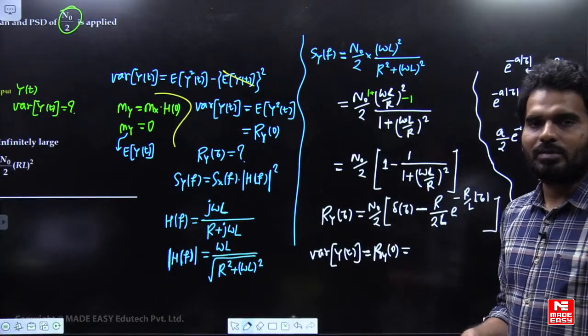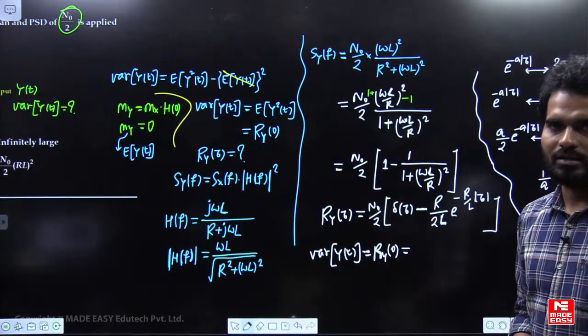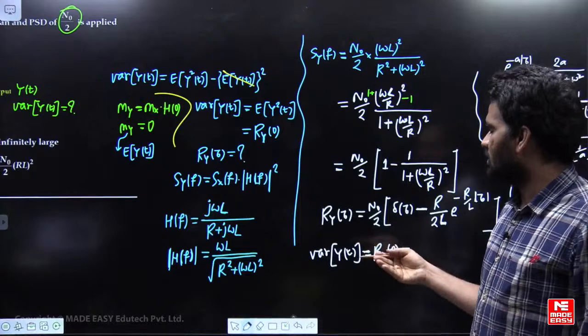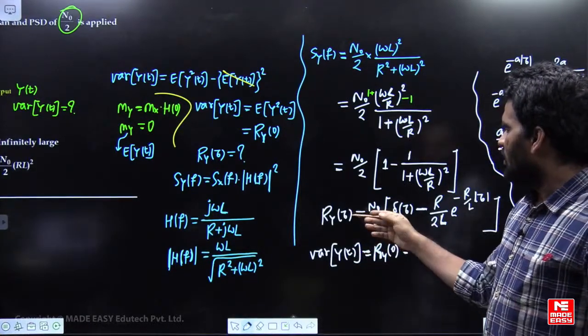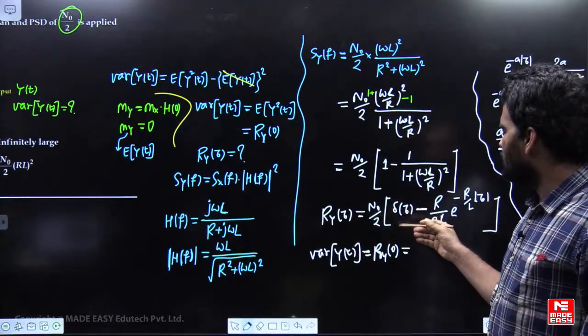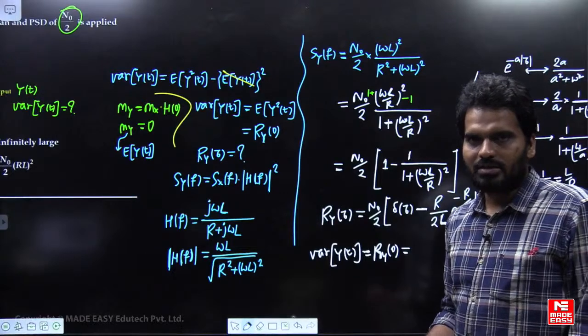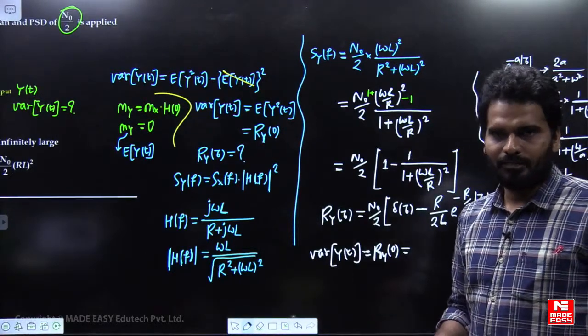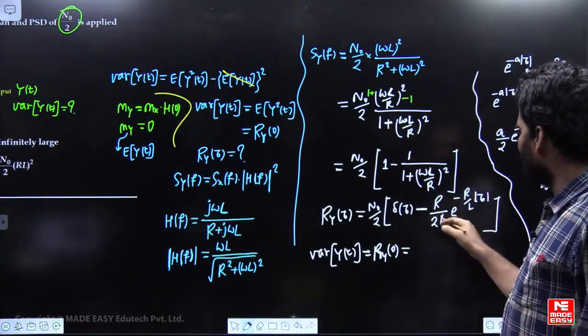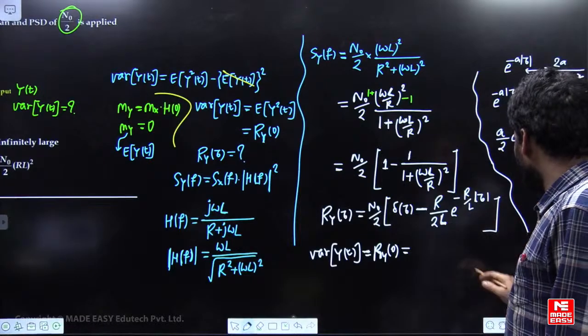The value of the impulse function, the value, it's not the area. The area is 1, but I am asking the value here. What is delta(tau) at tau equal to 0? Infinite. Okay. From infinite you are subtracting some value.